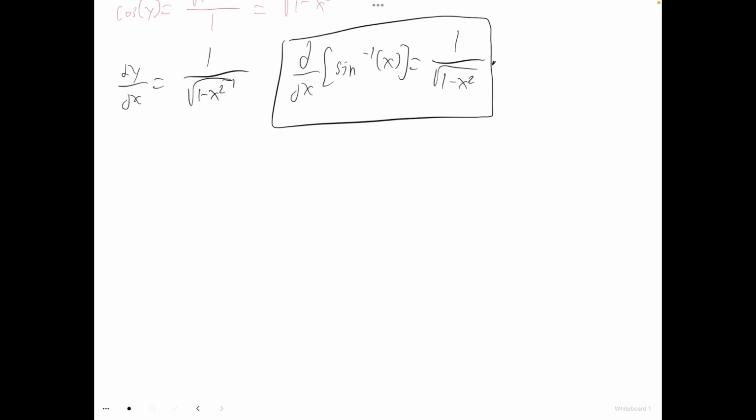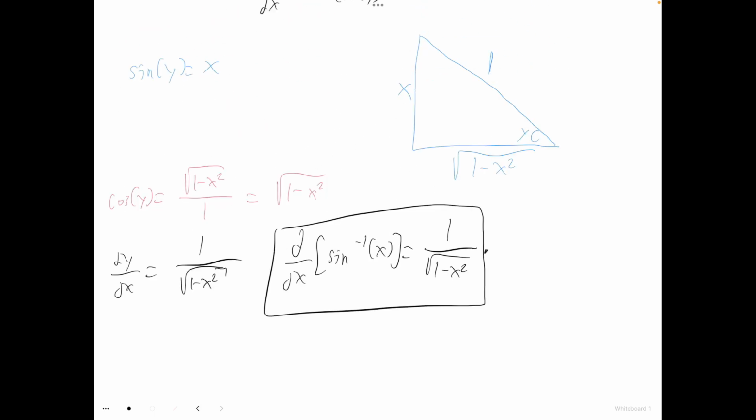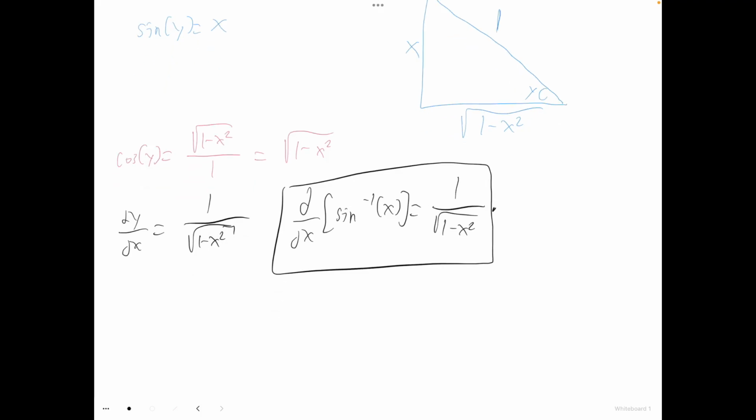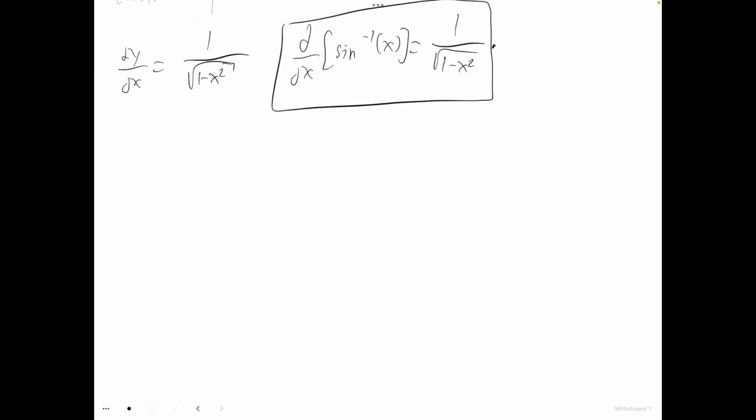Now I'm going to list the derivatives for all the inverse trig functions. You compute the other 5 doing the exact same trick we just did, using the fact you know the derivatives of the 6 trig functions. And then you draw a right triangle and figure out how to replace y in your equation that you get from the implicit derivative.